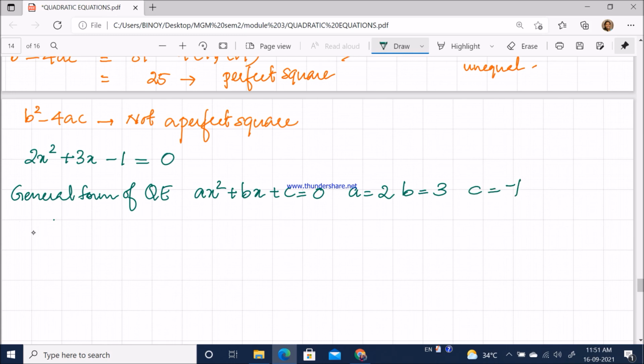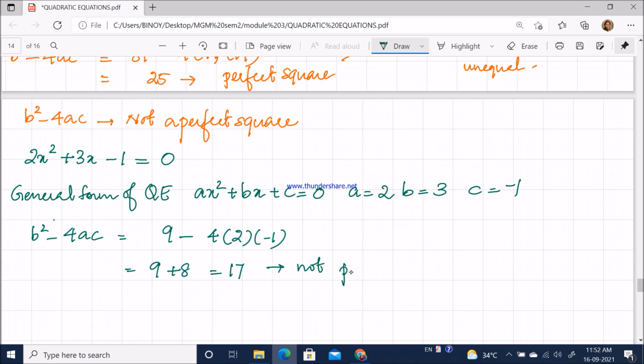Now let's see what b square minus 4ac is. So b square is 9 minus 4 into 2 into minus 1, where a is 2 and c is minus 1. So it is 9 plus 8, which is 17. So 17 is not a perfect square.